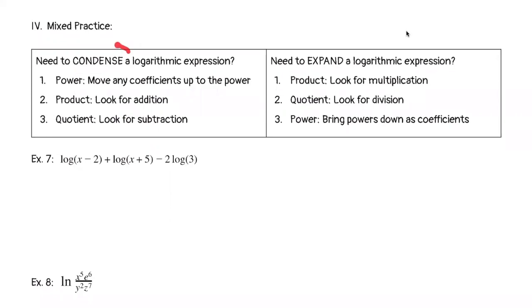In particular, if I want to condense a log expression, like I want to pack it all back in so that I end up with just one log at the end, it's really useful to go power, product, and then quotient. However, if I'm looking to expand, like unpack it, make a lot of logs, I find it helpful to do my product and quotient first, and then do the power part.